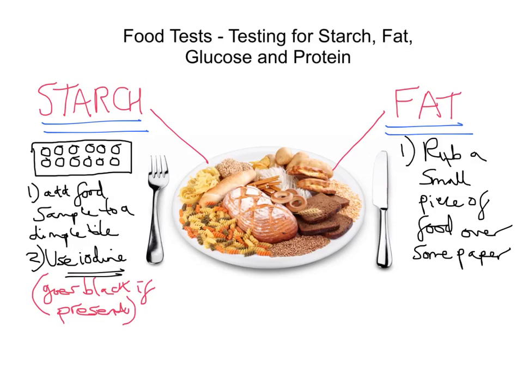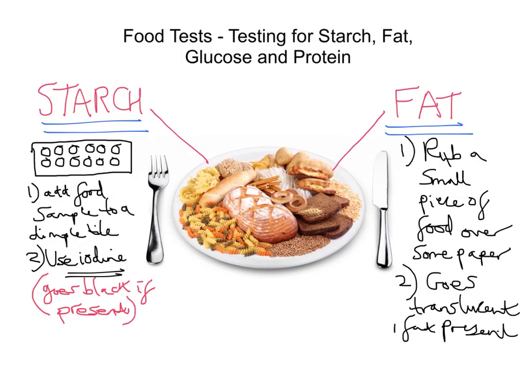Now, if the page goes translucent, so that's almost sort of see-through if you like, it almost goes greasy looking, it's called translucent, lets a little bit of light through, then we say that fat is present. Now at key stage 3, that is the test for fat.